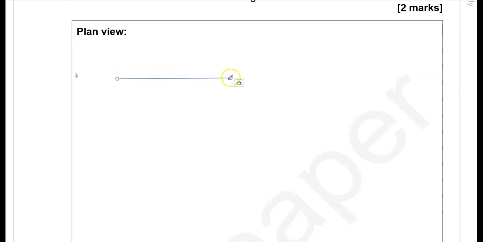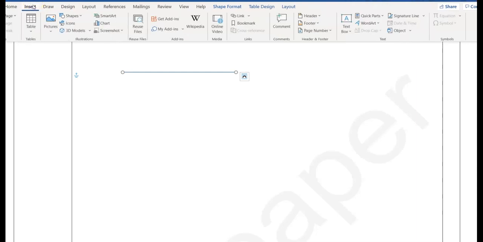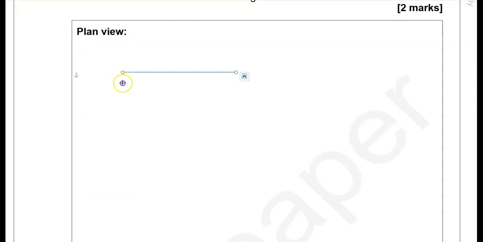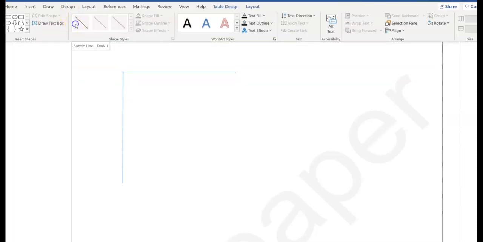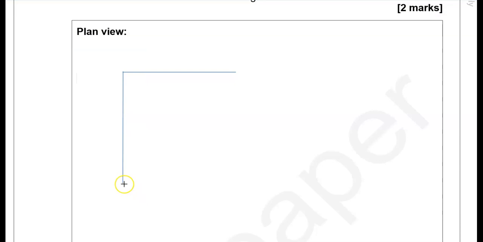We shouldn't worry about measurements because we're not given them, just to give a rough idea. On paper, this would be much easier with a ruler and a pencil.